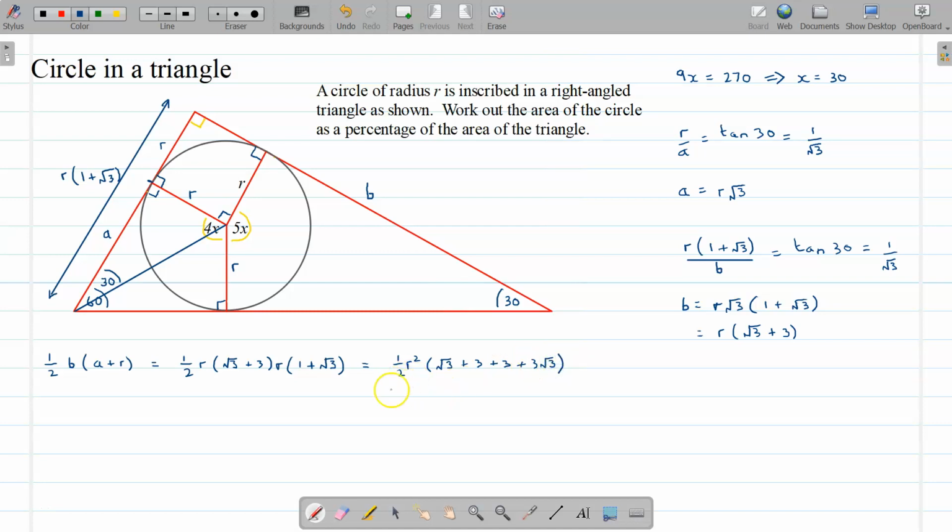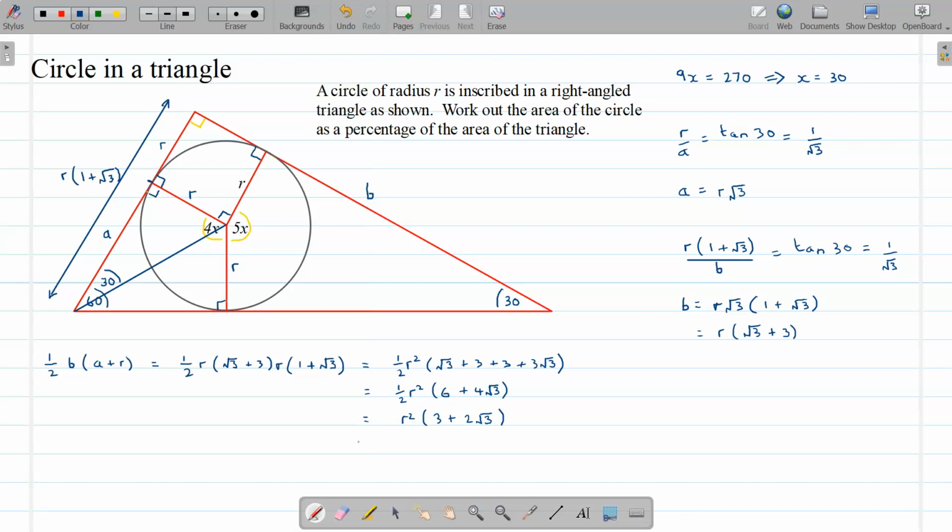Now, if I just simplify that a little bit further, I get a half r squared times 6 plus 4 root 3. And that simplifies a little bit more because of the half, so I can write that as r squared times (3 + 2√3). So that's the area of the right-angled triangle.